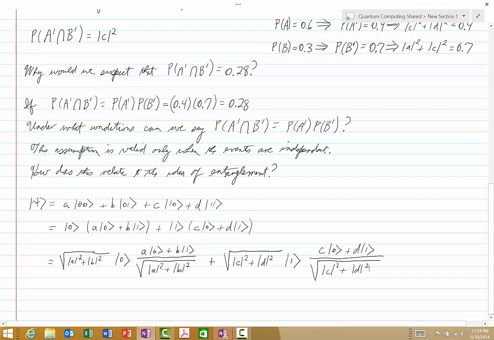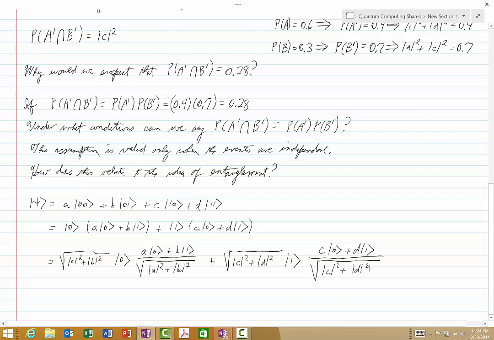And as we have said before, now when we factor everything in this way, we say that the probability that Alice will measure a 0 is simply this squared.